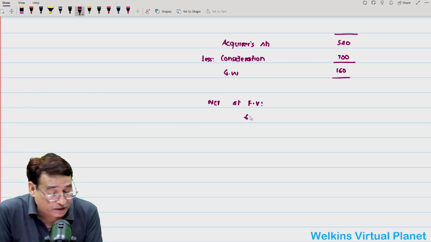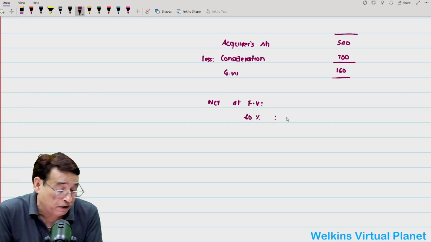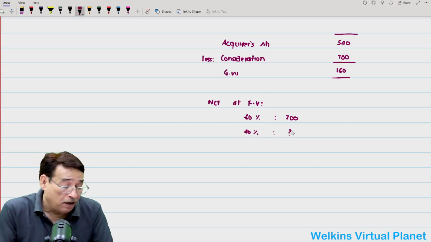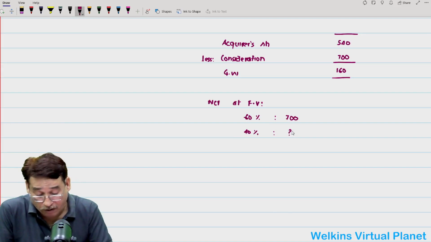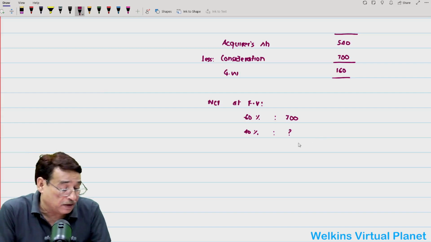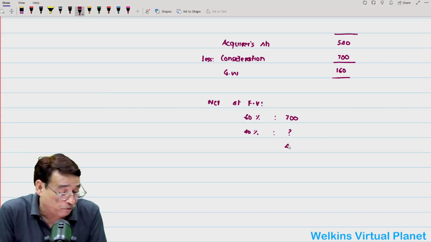For 60% stake, you are paying consideration of 700 lakhs. So what will be the amount of consideration for 40%? That is 40 into 700 divided by 60, that is equal to 467 approximately. So 467 would have been NCI.